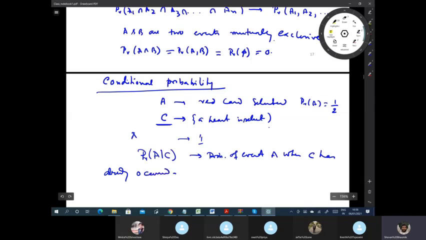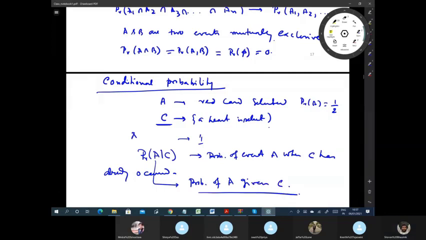So A/C is the conditional probability. P(A) means only the probability of A. When you say P(A/C), that means the conditional probability of A, provided C has already occurred. Or sometimes, in short, we call it the probability of A given C. That means the probability of A when the event C has already occurred.